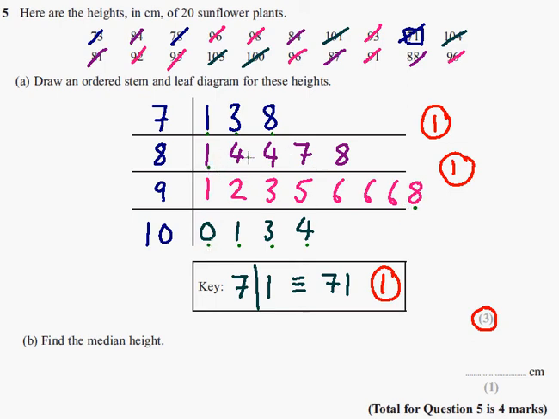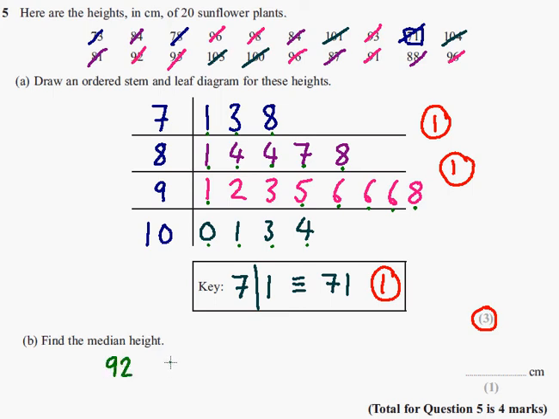Fifth biggest, fifth smallest. Sixth biggest, sixth smallest. Seventh biggest, seventh smallest. 8th biggest, 8th smallest, 9th smallest, 9th biggest. So it's in between 92 and 93.